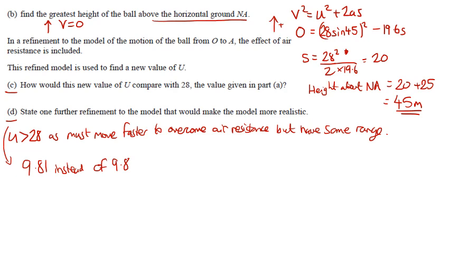Or various features of the ball. You could think about the shape of the ball, the size of the ball. Those things would affect the amount of air resistance that the ball feels. But probably the easiest one to say is just a more precise value of g.